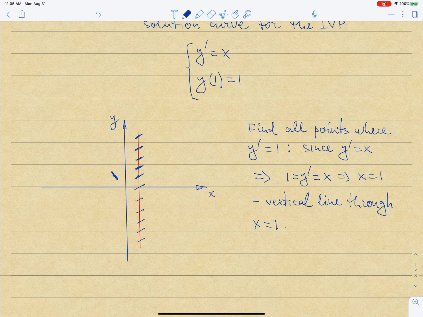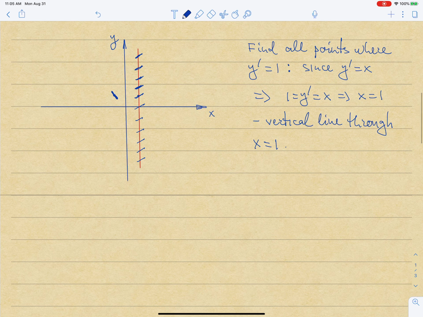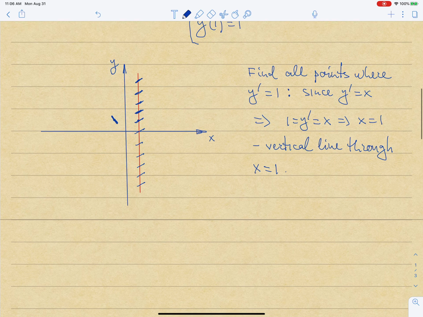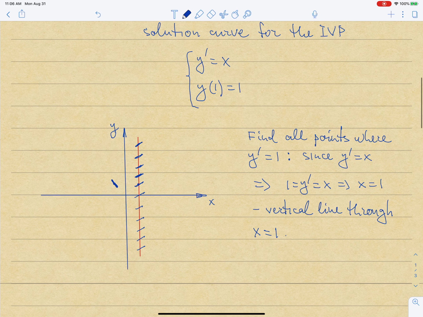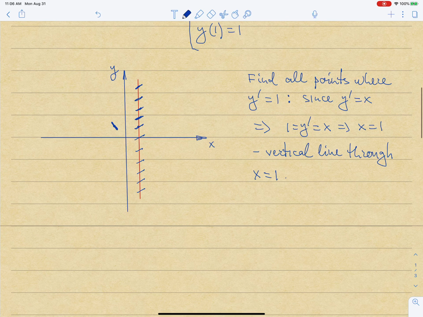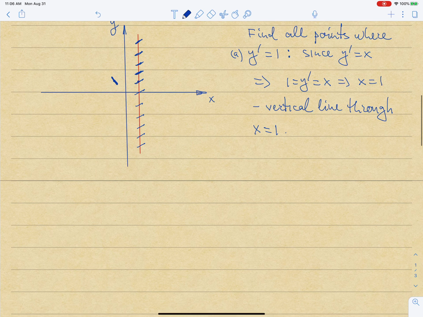Okay, just likewise, what about all points where the slope of a tangent line must be equal to -1? So let's write it as b. All points where y prime is equal to -1.